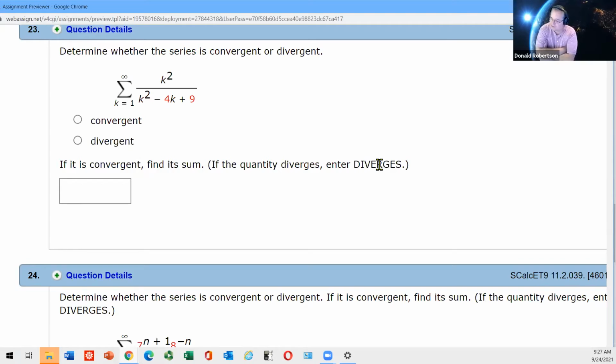Oh, and they've changed the letter to k equals instead of n equals, good. This piece here, the k squared over k squared minus 4k guy, what is the limit of the individual pieces? What's the limit of k squared over k squared minus 4k?